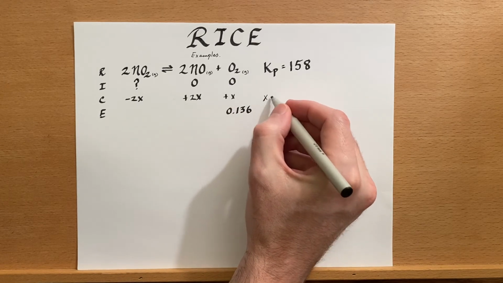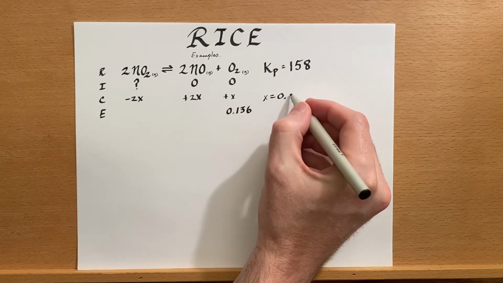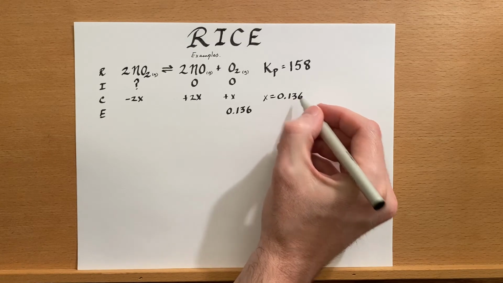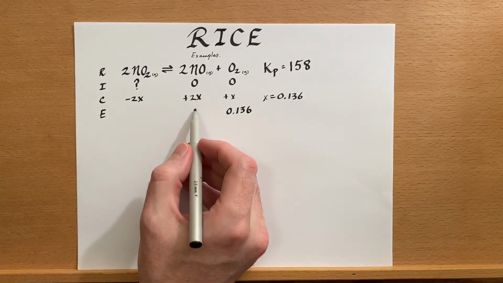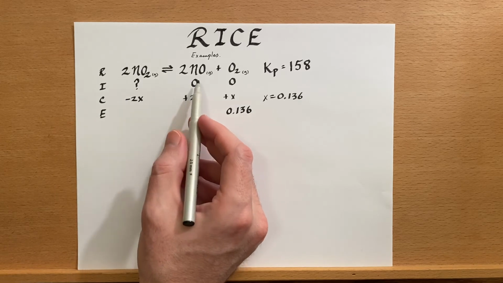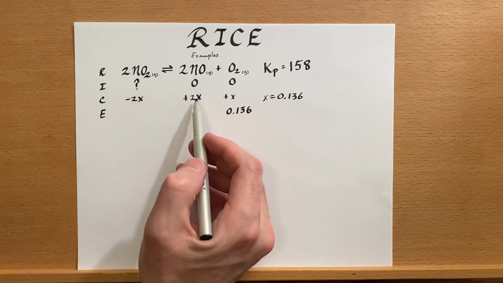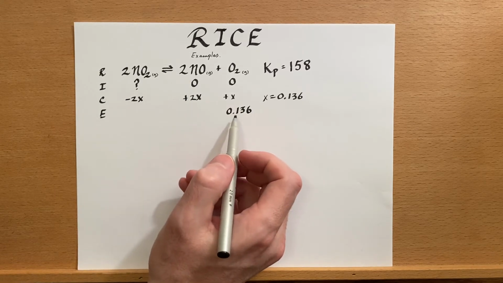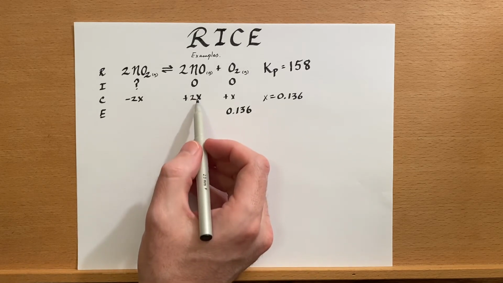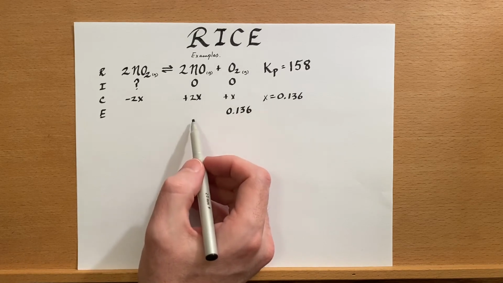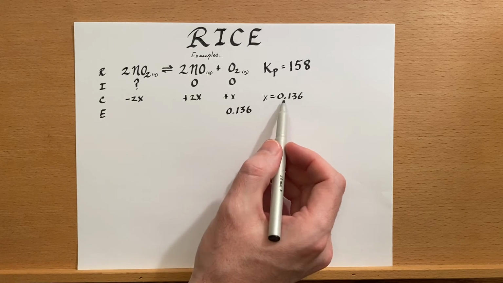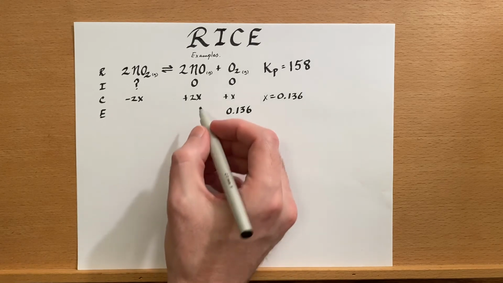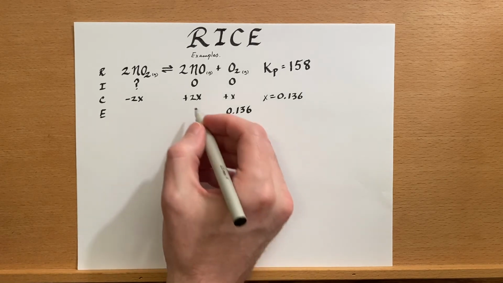So x equals 0.136. That means that we can determine how much NO2 was in the flask at equilibrium because 0 plus 2x equals this. So I just need to take 2 times x, which is 0.136, times 2.